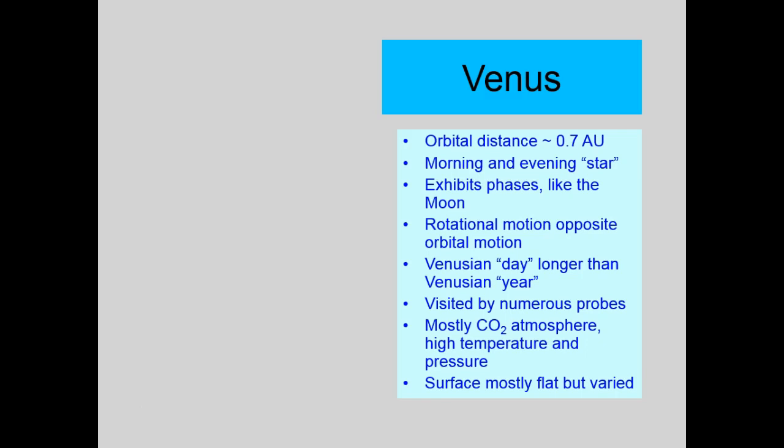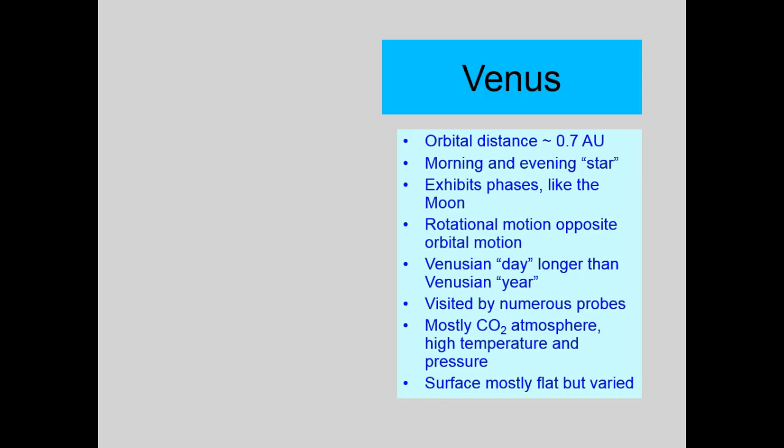Now, the side of Mercury that's facing the sun is incredibly, incredibly hot. But the backside of Mercury, because it has absolutely no atmosphere, the side away from the sun is incredibly, incredibly cold because it doesn't get any direct radiation from the sun. It's exposed to outer space, basically.